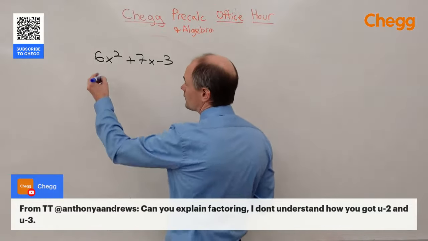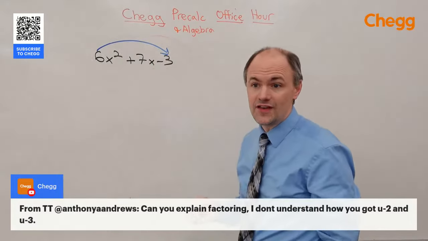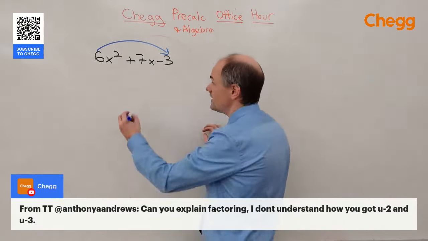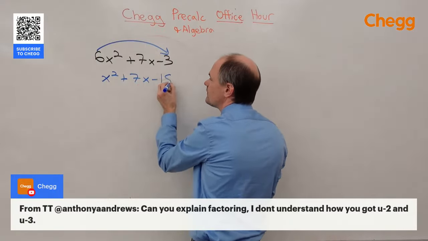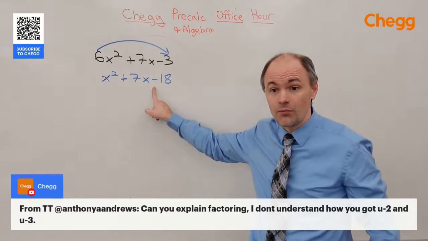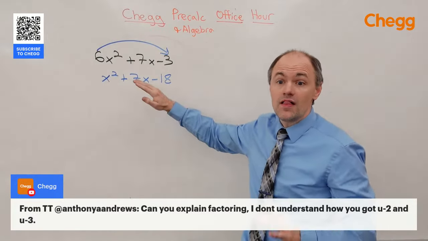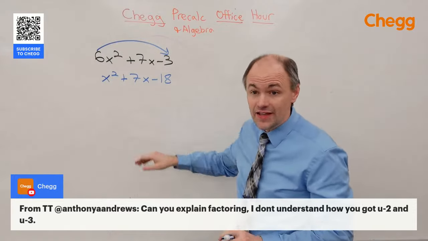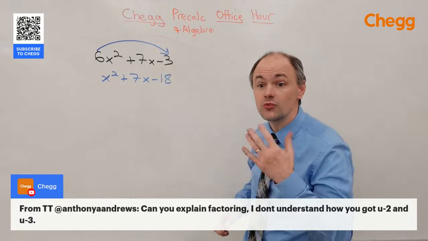How slide and divide works is we're going to slide this 6 over to the end of the negative 3. 6 times negative 3 is negative 18, which means we're going to first factor this easier problem of x squared plus 7x minus 18. This is not going to be the final answer, but it's an easier one to factor that's going to tell us what the answer is to the original problem.